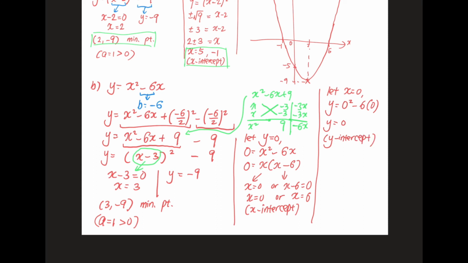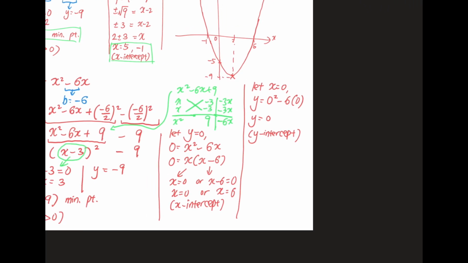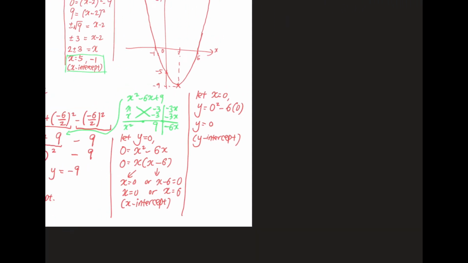Okay. Now we can sketch the graph already. So x and y. Okay, we start from the minimum point, 3, minus 9. Somewhere here, 3, minus 9. And then we have x-intercepts 0 and 6.